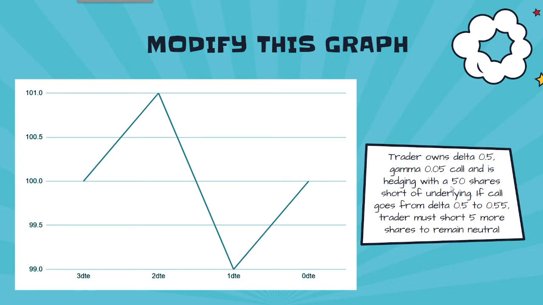Now let's conceptualize this. If you are long a call, which is a bullish position, you would need a short position on the underlying to neutralize it. So when you're long a call, to hedge, you're going to be short those shares or short Bitcoin.